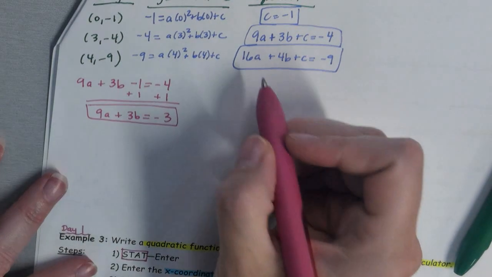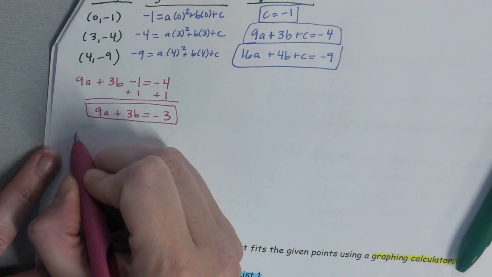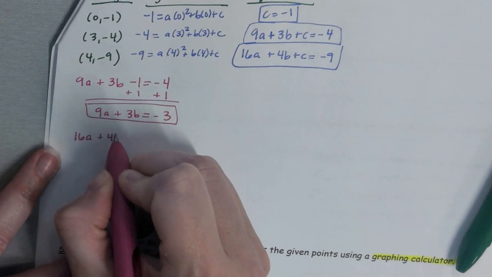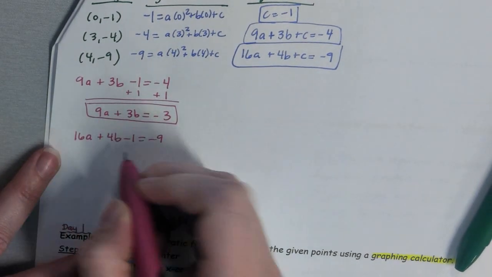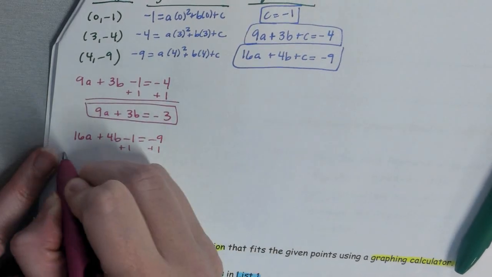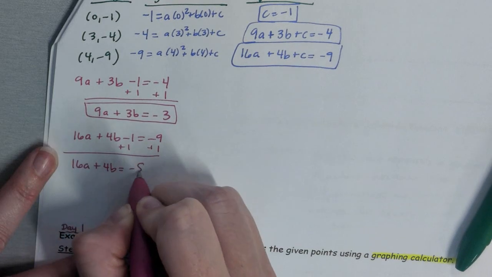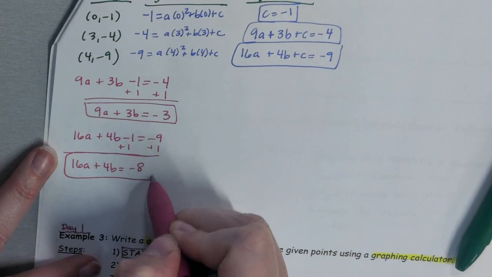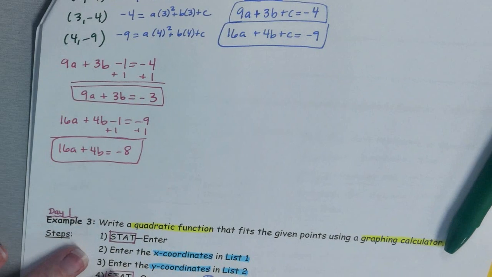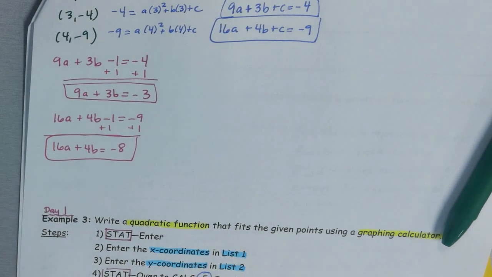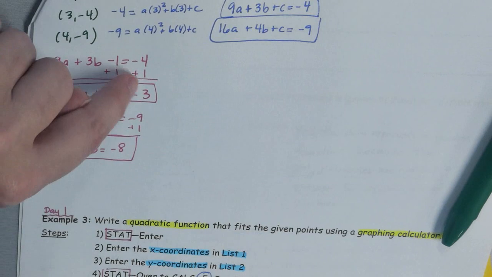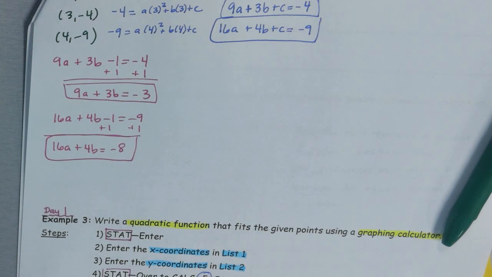Okay, and then for the next one, you had 16a plus 4b minus 1 equals negative 9. So again, you're adding over that 1, so you have 16a plus 4b equals negative 8. Now at this step, some of you might recognize there's something special about these equations, and you actually could simplify them, because what could you divide both sides of this equation by? 3.